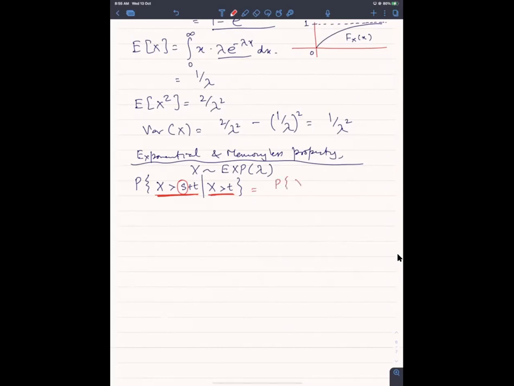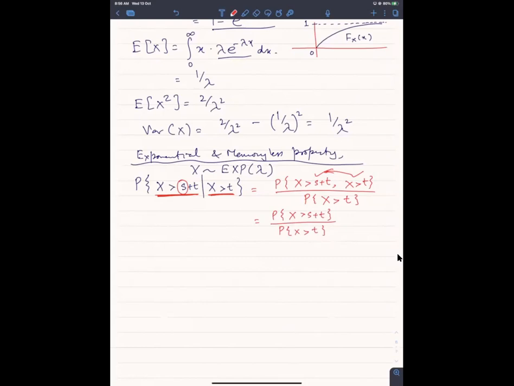So conditional probability का formula लिखेंगे, x is greater than s plus t and x is greater than t divided by probability x is greater than t. And इसकी values अगर आप ऊपर put करें, x is greater than t and x is greater than s plus t, ये इसका subset. This event is a subset. So x is greater than s plus t divided by probability x is greater than t.